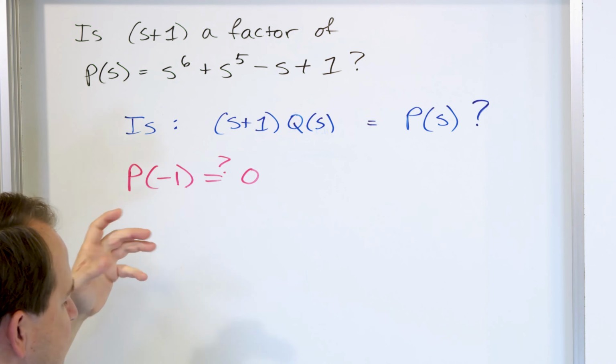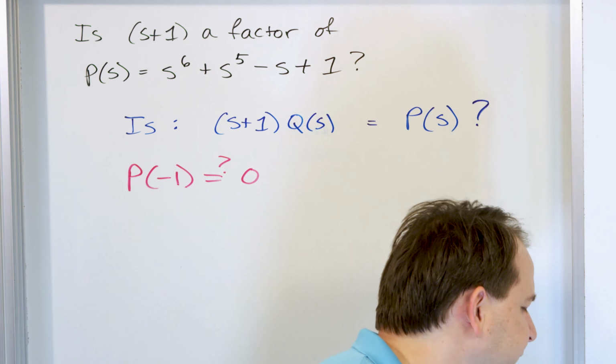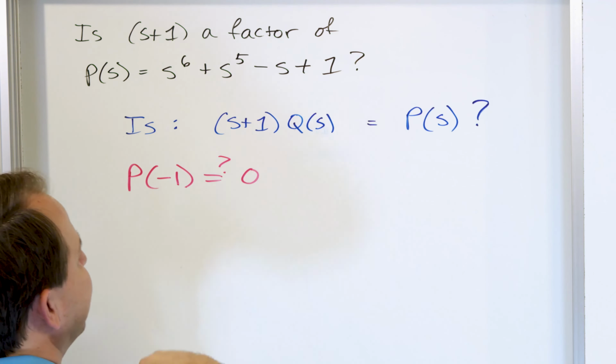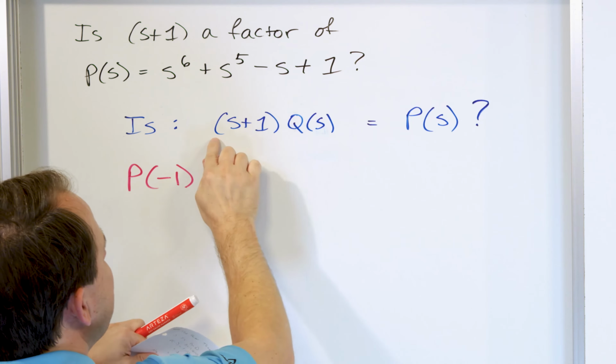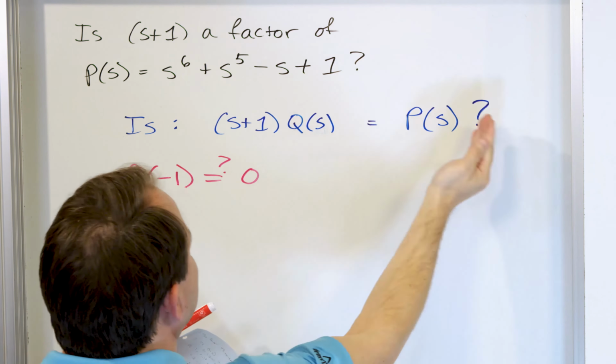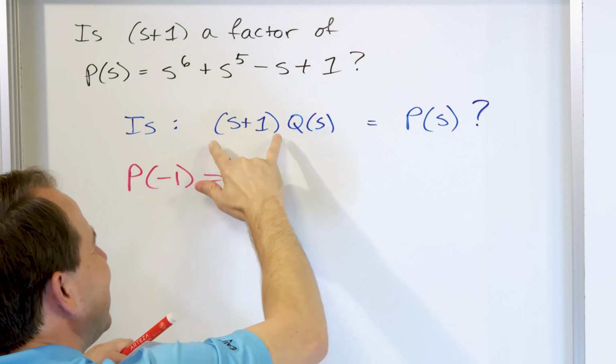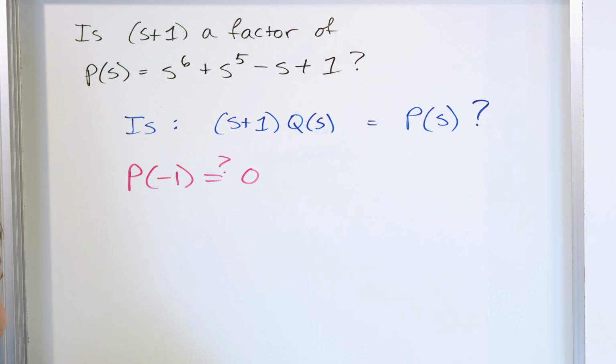So you have to plug in a negative 1. Another way to think about it is you've been factoring things your whole life, so if it's a root, then the factored form of this has to equal 0. If you set this equal to 0, then s would be negative 1. So you're plugging the value of negative 1 in to see if it's equal to 0.